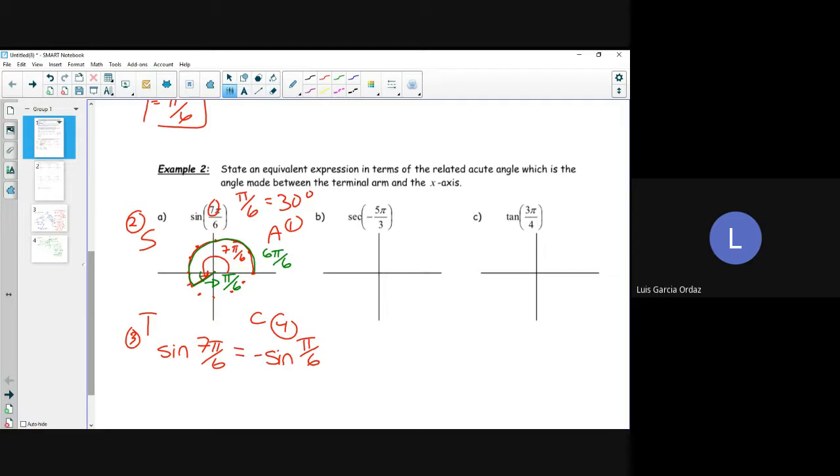So what can we multiply the numerator and denominator by to give us 30-degree intervals? How can we get the denominator to be 6? We're going to multiply by 2.